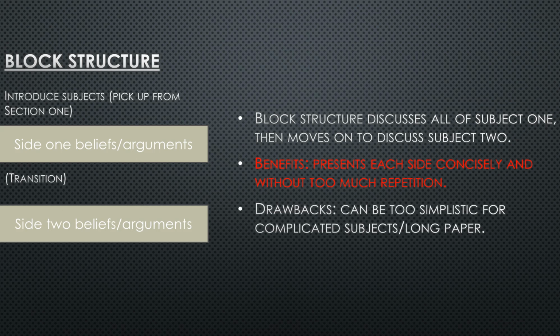Then you go into side 1, and you list all of the beliefs, all of the arguments that are being made. Then you transition to side 2, and you list all of the beliefs and all of the arguments that side 2 has. So the block structure discusses all of subject 1, then moves on to discuss all of subject 2.